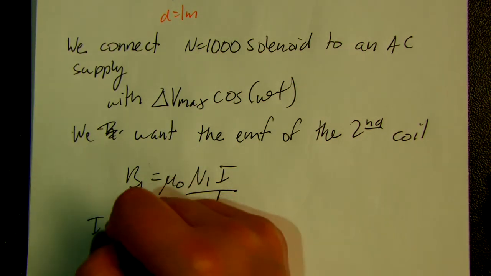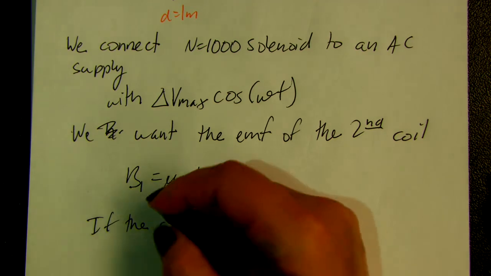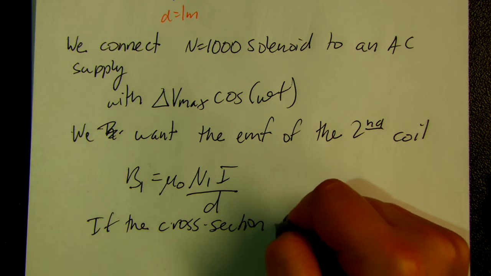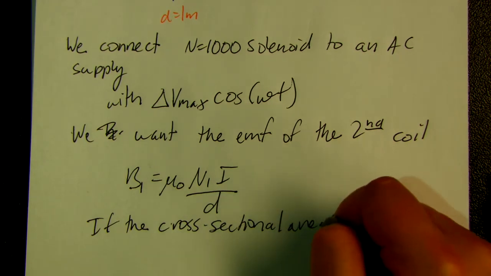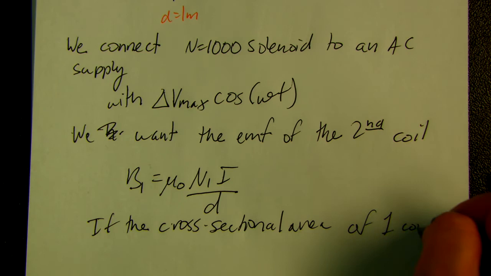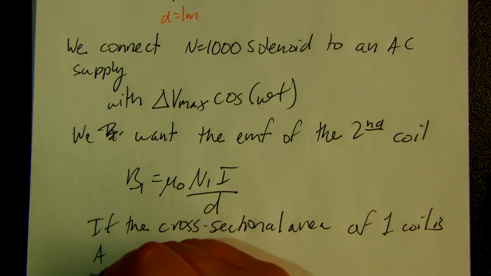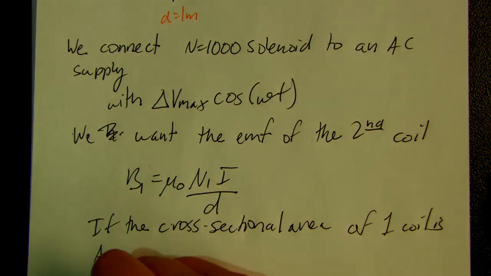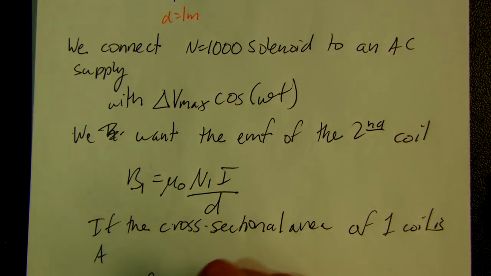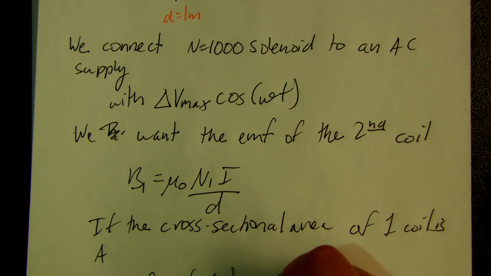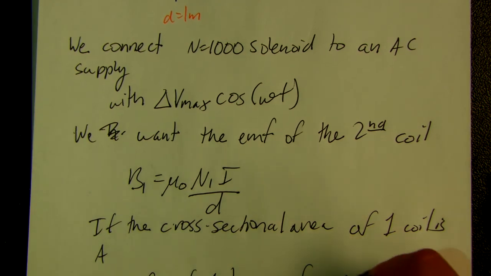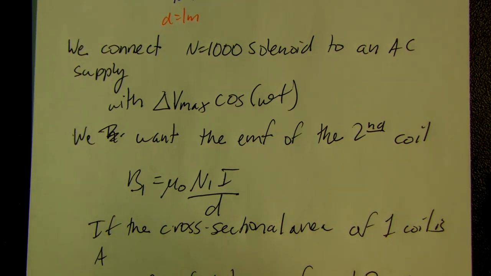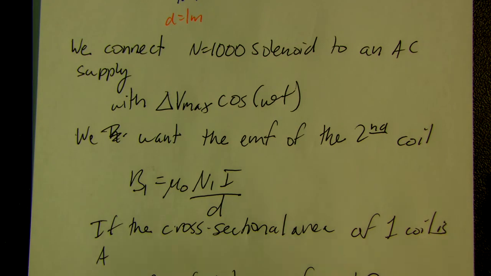And if the cross-sectional area of one coil is A, the EMF of one turn of coil 2 is A dB/dt.